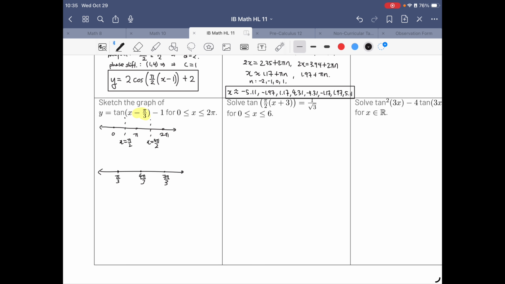And also my vertical asymptotes, which used to be x equals pi over 2, plus pi over 3 is going to be 5 pi over 6. 3 pi over 2 plus pi over 3 will be 9 pi over 6, 10 pi over 6. Is it 10 pi over 6? My bad, 11 pi over 6.